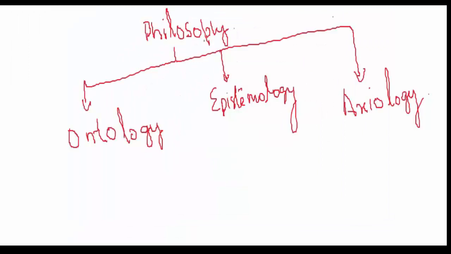So when we talk about research philosophy, the term relates to the development of knowledge and the nature of that knowledge. That's important: not only the knowledge, but the nature of that knowledge. So the research philosophy contains important assumptions about the way in which you view the world.